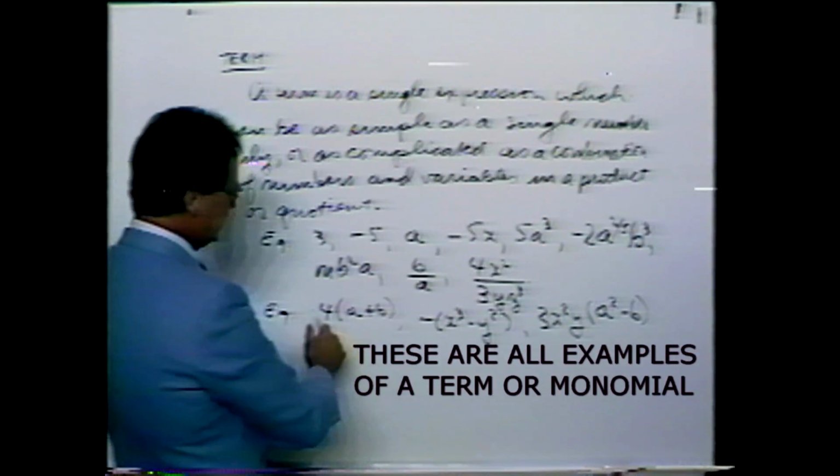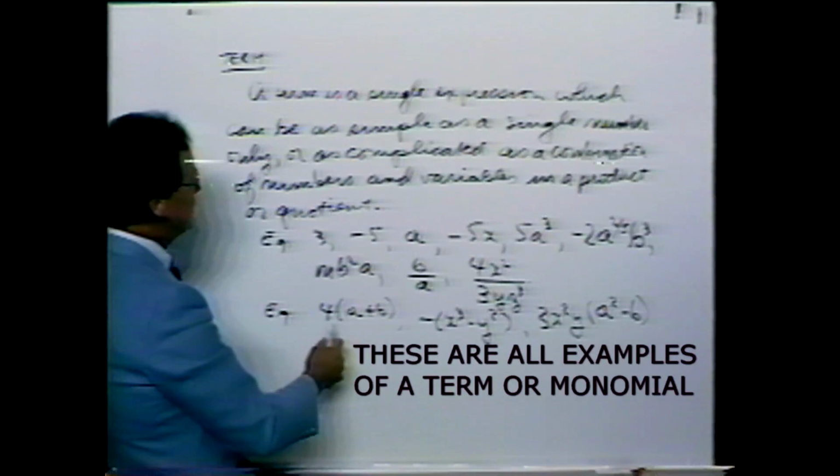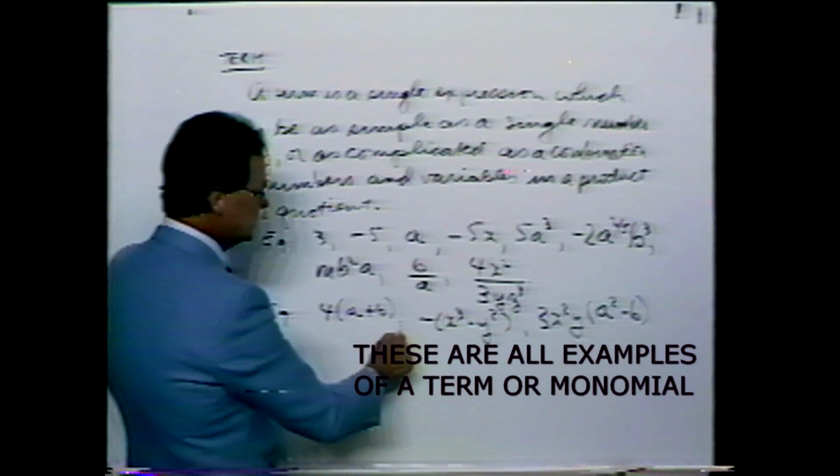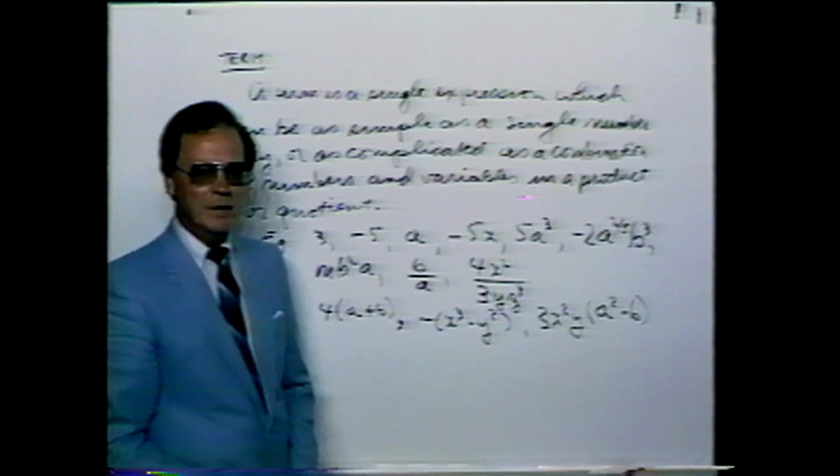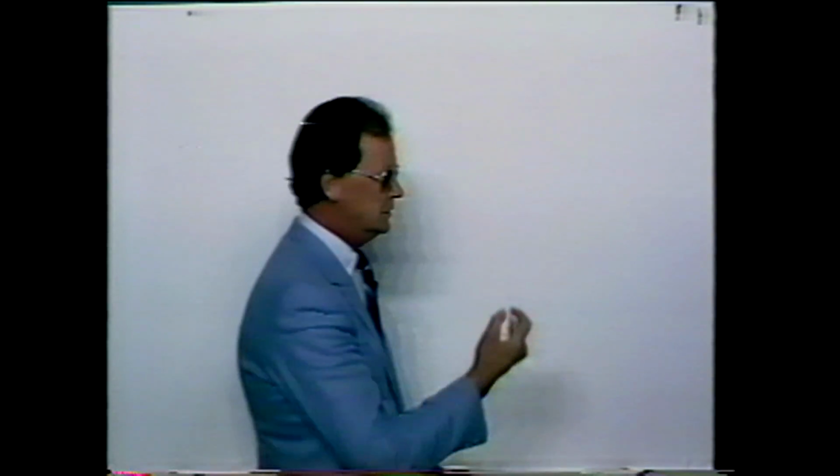If you look at this series of examples, we refer to each of these as terms again, even though they look a bit more complicated. When an expression consists of several terms, you can sort the terms out because they are separated by positive and negative signs.